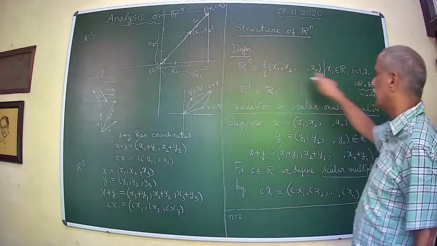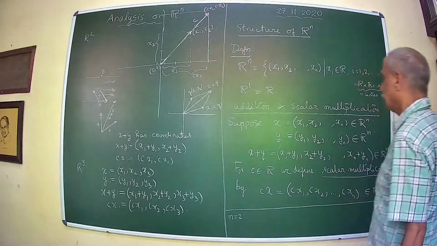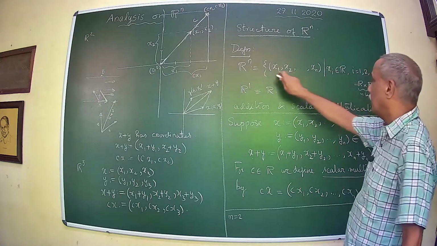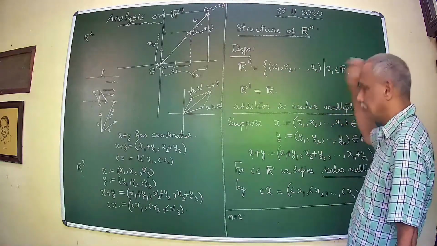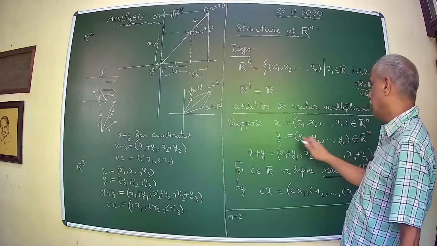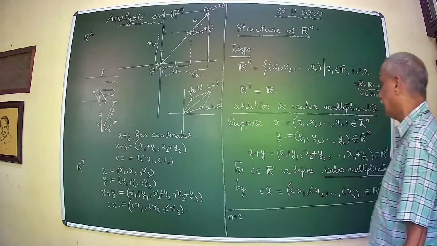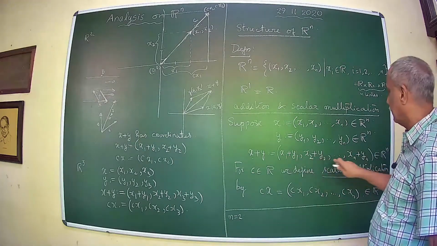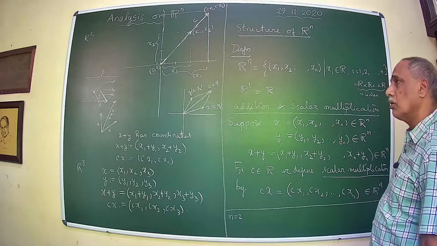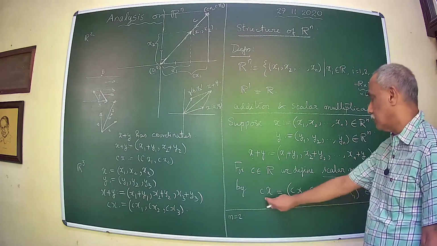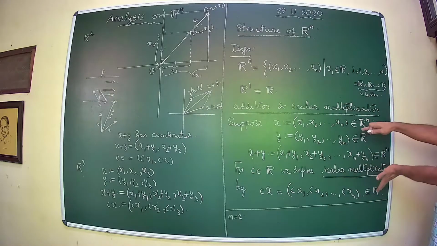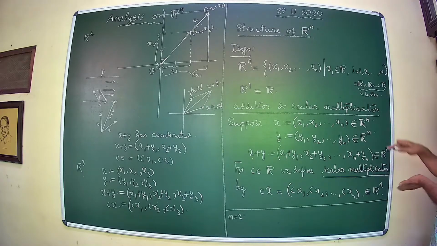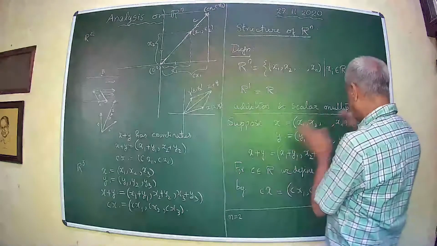The first level of generalization is to go to Rn, where Rn is defined as the ordered n-tuples, and then you have the sum of two vectors x and y defined as the vector obtained by adding the respective components, and so also the scalar multiplication. So there are two operations, addition and scalar multiplication, and when you add two vectors in Rn, you get a vector in Rn.